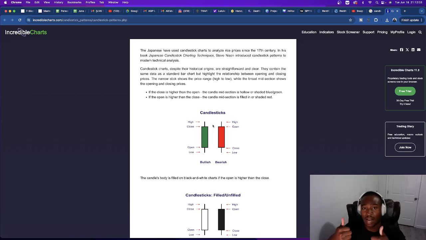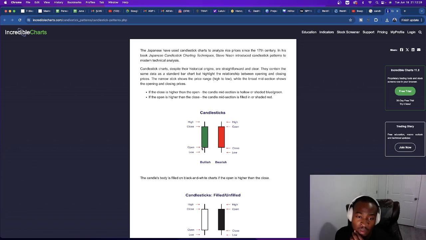And thumbs down, thumbs go down. So with thumbs up, the green candlesticks open at the lowest point and then they close at the top. That's how they move. So the green candlesticks are basically moving in an upward trajectory.